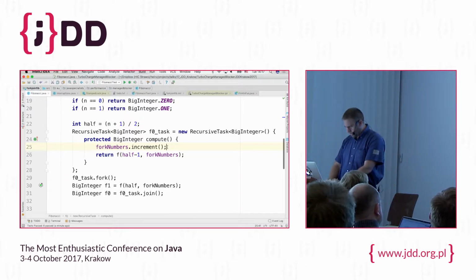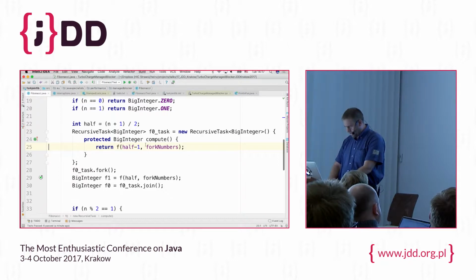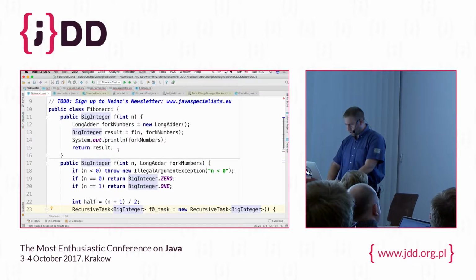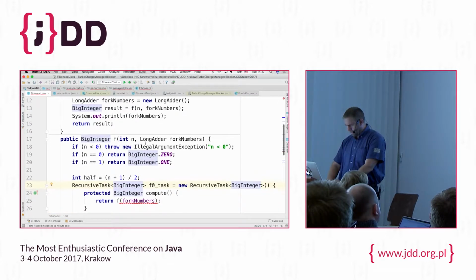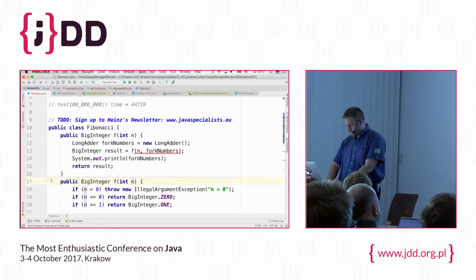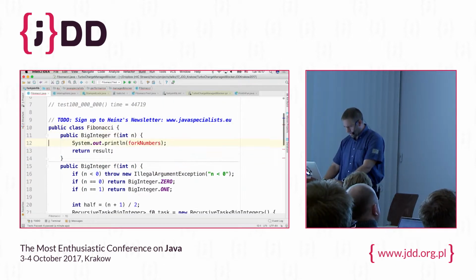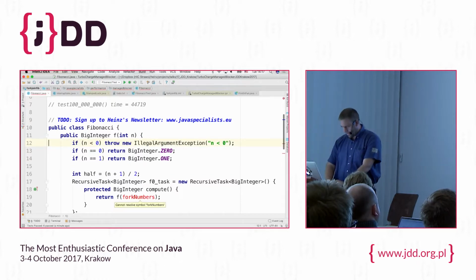Maybe what we'll do is we'll do it a bit differently. Instead of doing it this way, we're going to print out the common fork join pool afterwards. There we go. Get rid of that. And this one, like so.